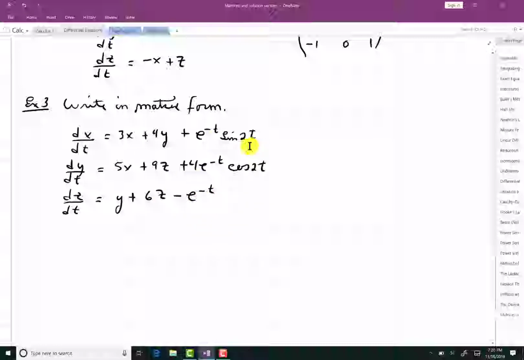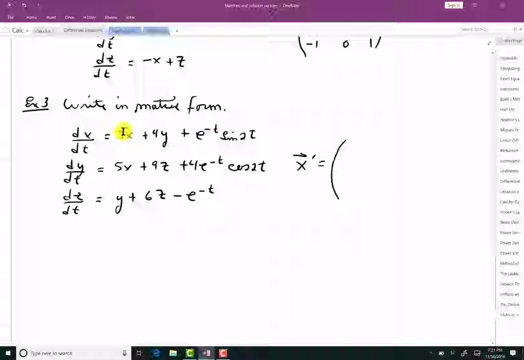So now you have extra stuff here that's not attached to x, y, or z. I wouldn't call them particular solutions, but they are preventing each of these equations from being homogeneous. So you might call this a non-homogeneous system. Well then, to write this, I can still do my x arrow prime, copy my matrix.